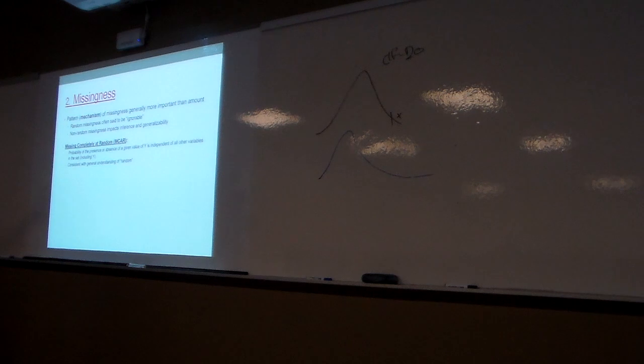It also has no relevance to the actual value of y, right? So higher y's aren't missing, lower y's aren't missing. This is what we would say is missing completely at random, consistent with what we would typically call random missingness. Whether or not I have a value for y is completely independent of anything else in my model, observed or unobserved. It's just a completely random thing going on. Okay. This one's easy to wrap your head around, but questions on this?